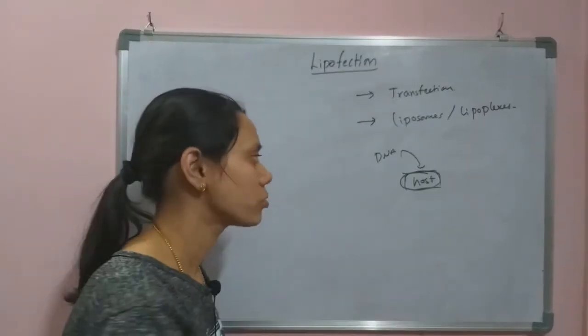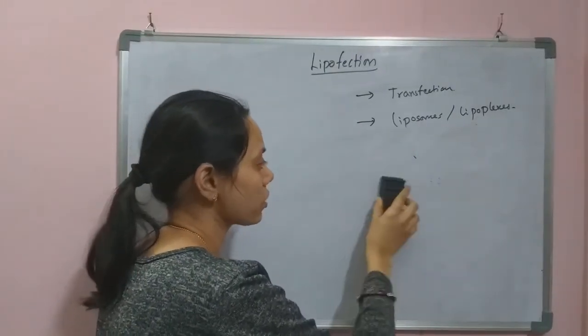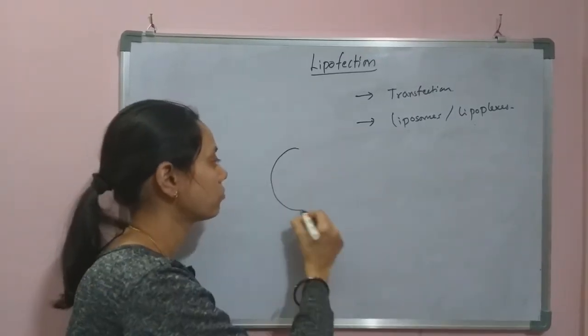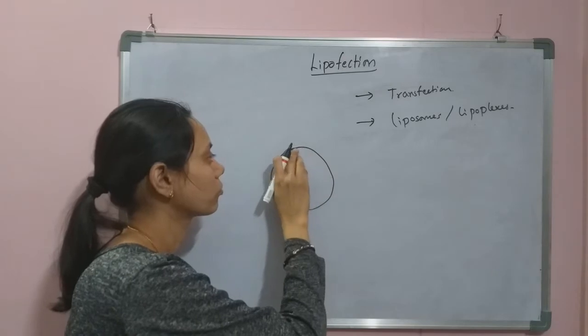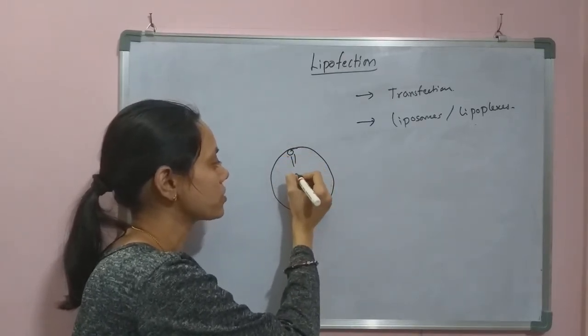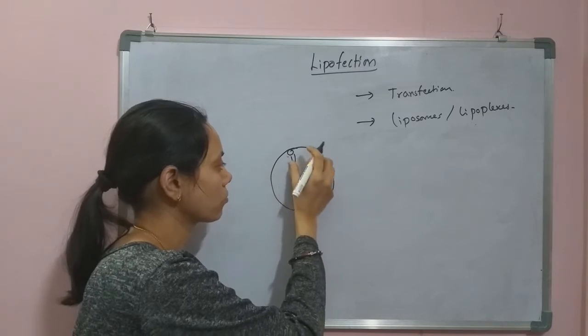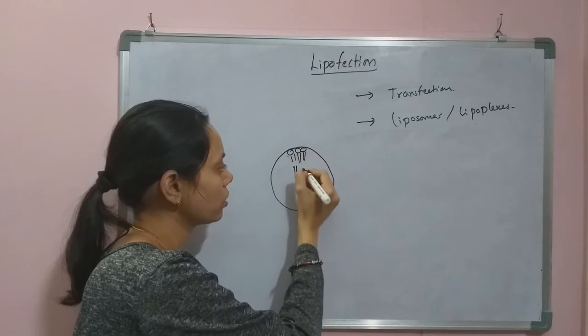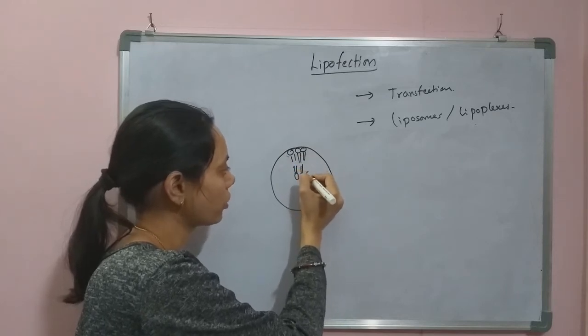Basically, what are liposomes? Liposomes are nothing but small vesicles made up of lipids. It looks somewhat like this.